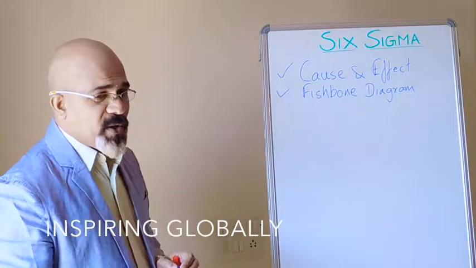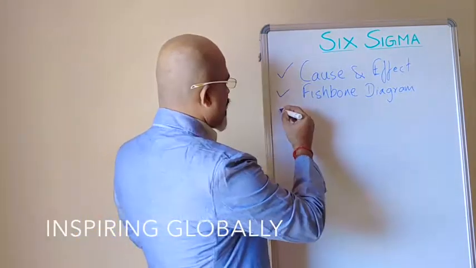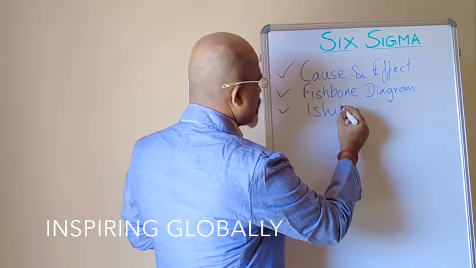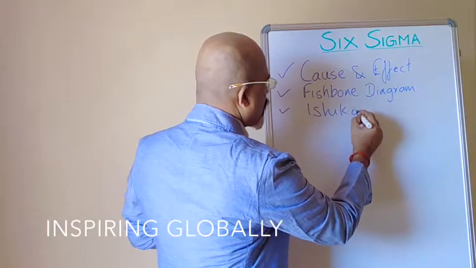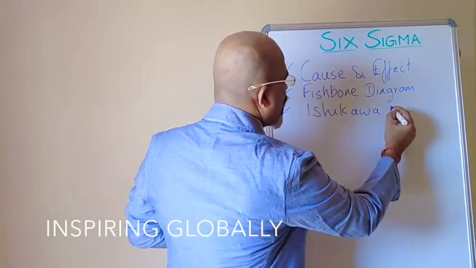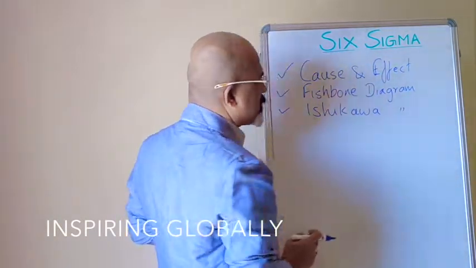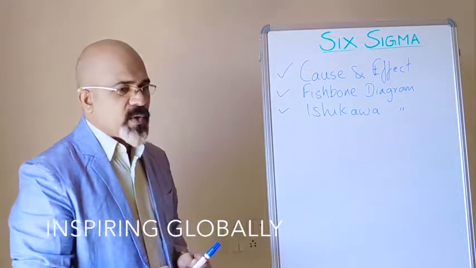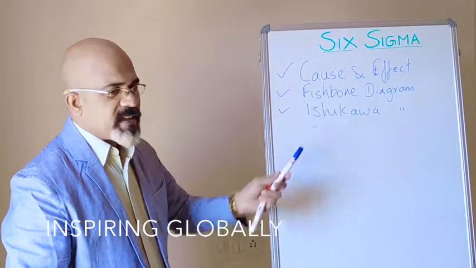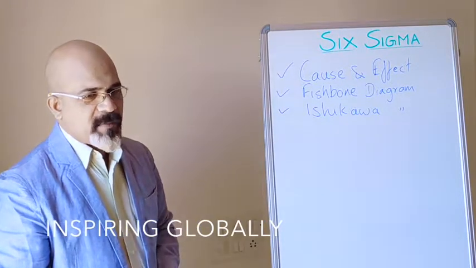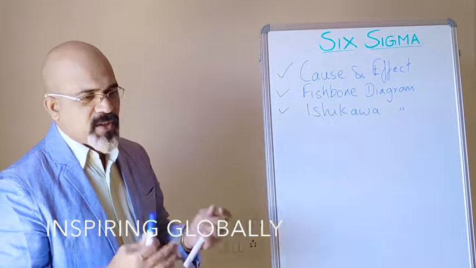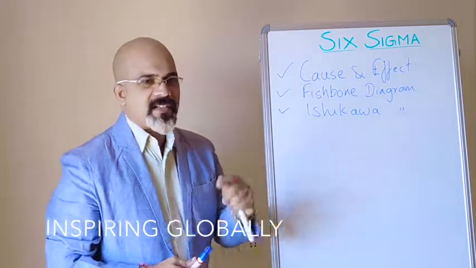And it is also called Ishikawa diagram. Why? Because the person who invented this is Ishikawa, a Japanese guy who developed this diagram. That's why it's also called Ishikawa diagram.